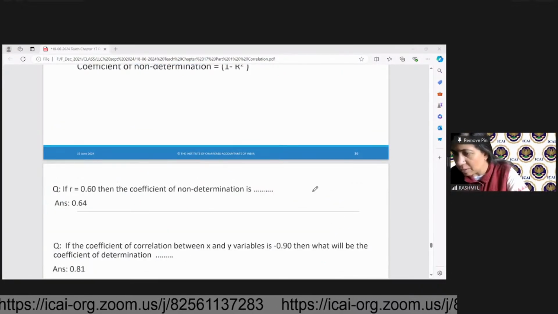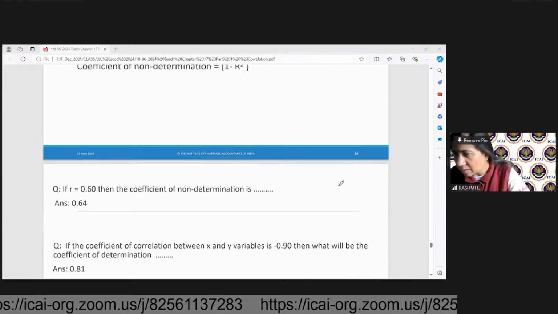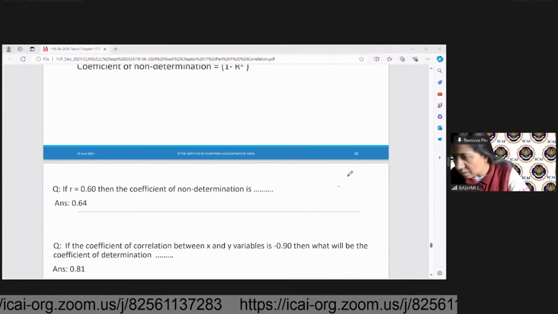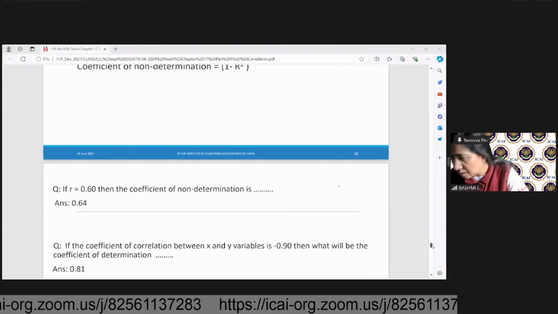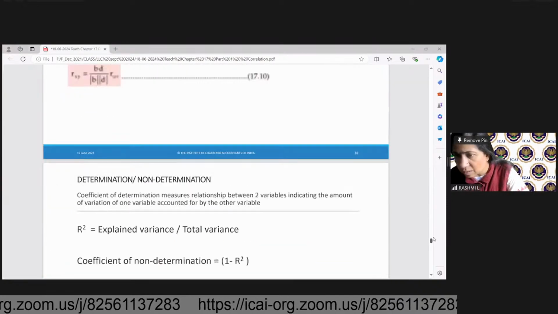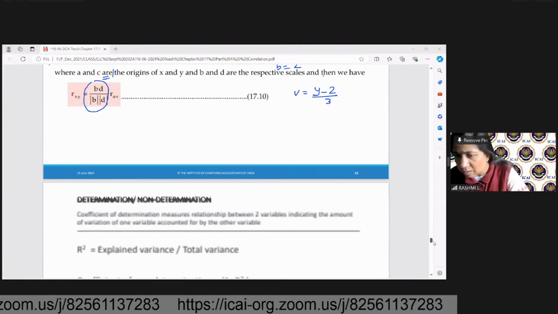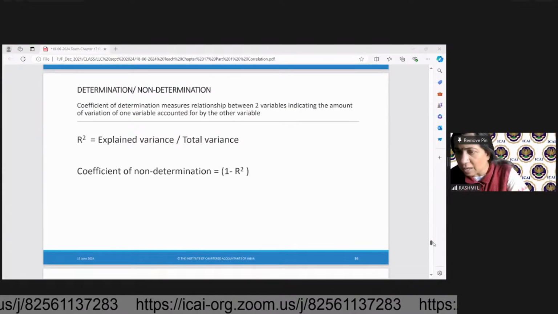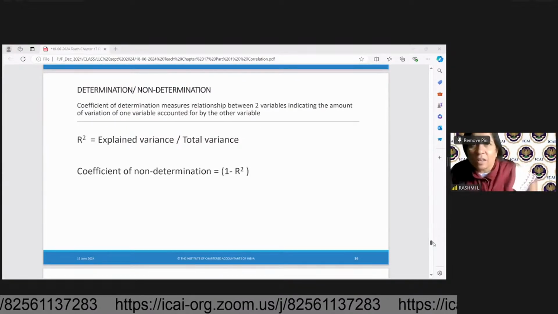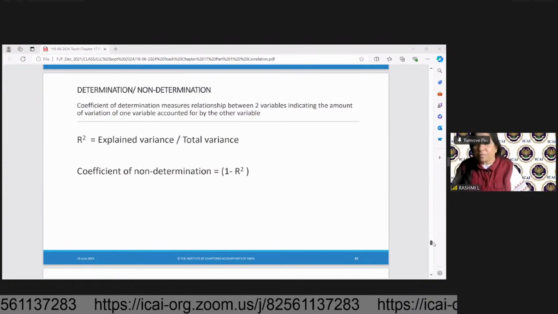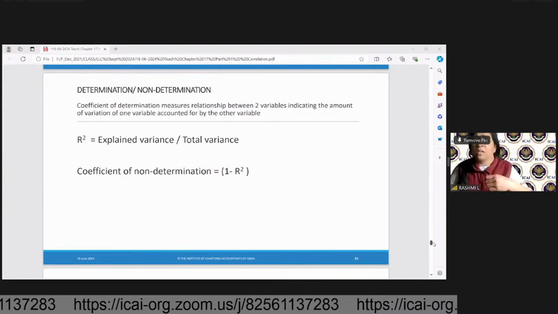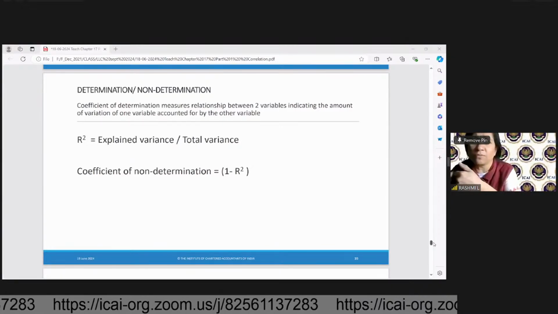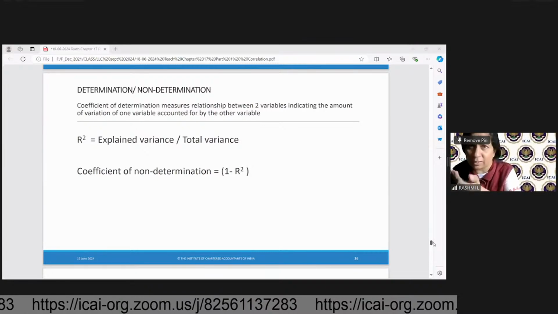Now an important thing. Yes. Now determination and non-determination. See, what happens is that, like, you've seen that if you eat a lot of fast food, your weight is going to increase, right?